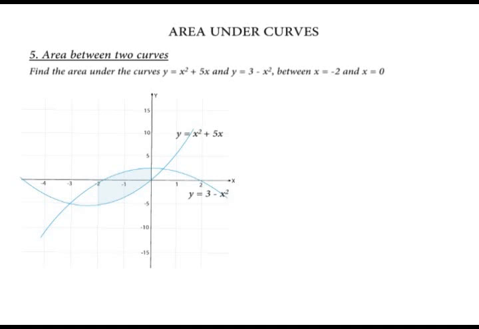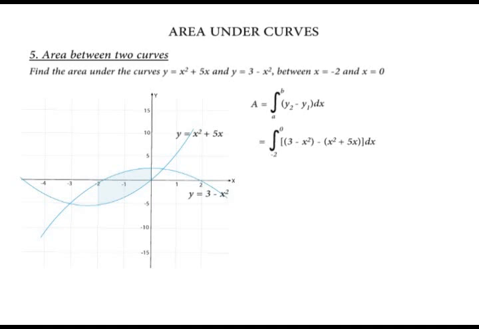Area will be equal to the integral of y2 minus y1 with respect to x from a to b. That is equal to the integral of (3 minus x squared) minus (x squared plus 5x) with respect to x from x is equal to negative 2 to x is equal to 0.